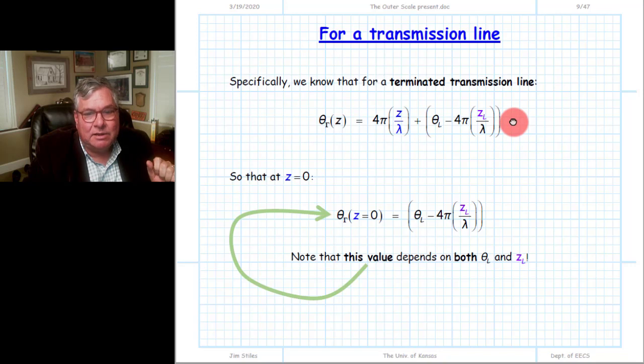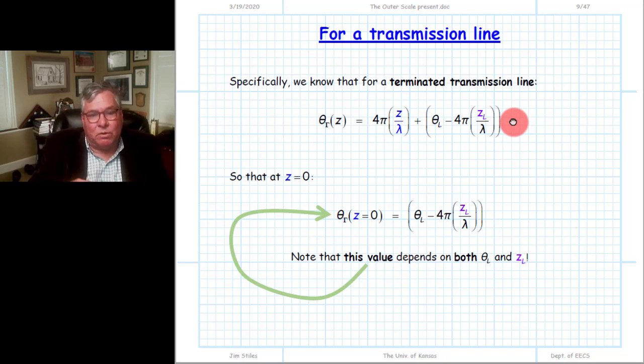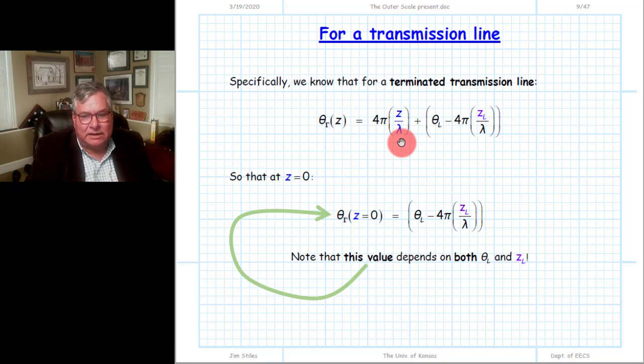This is the expression for the phase of the reflection coefficient function as a function of position z, our index z, in this case the normalized index z, when divided by lambda.